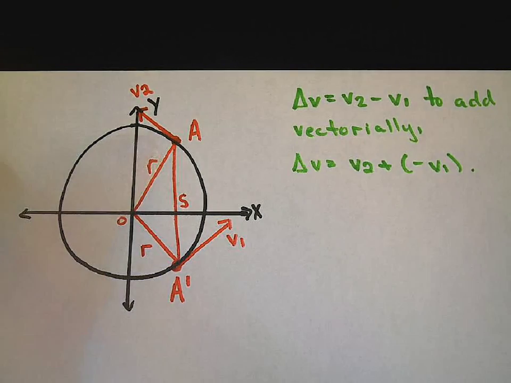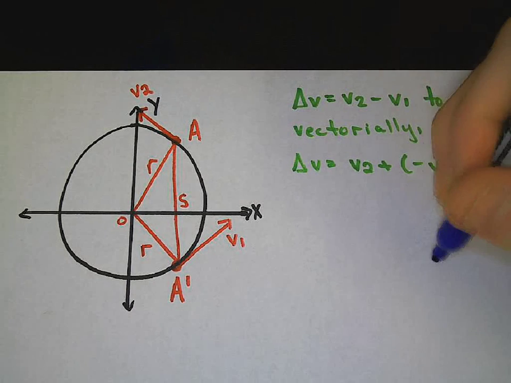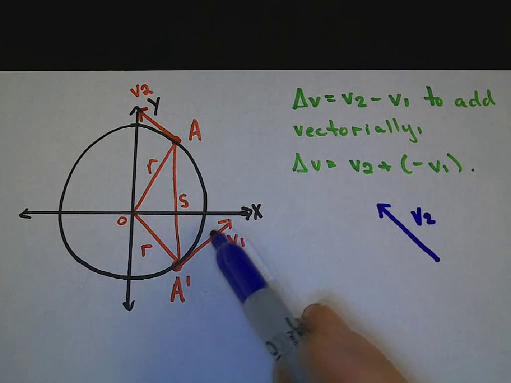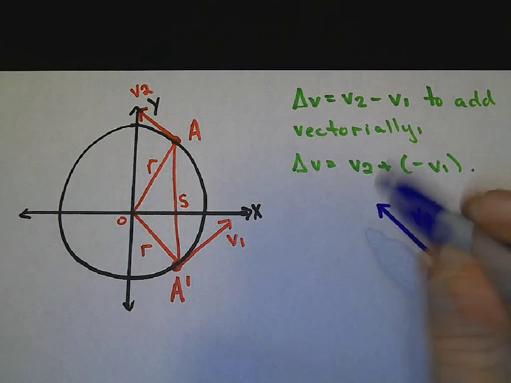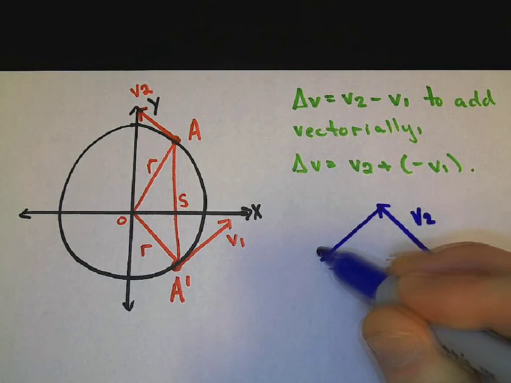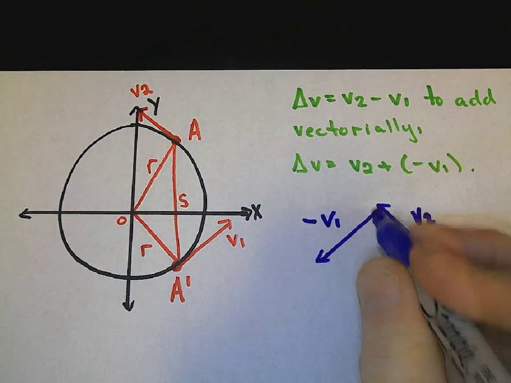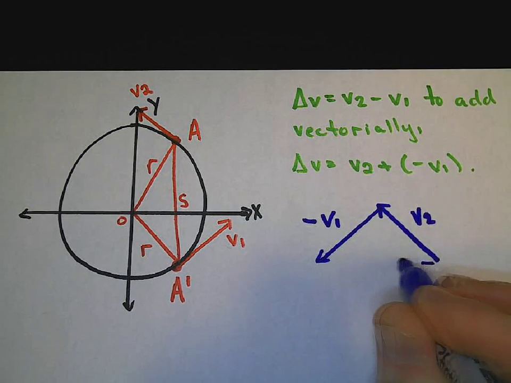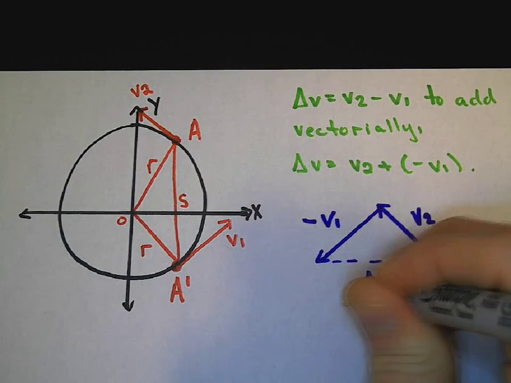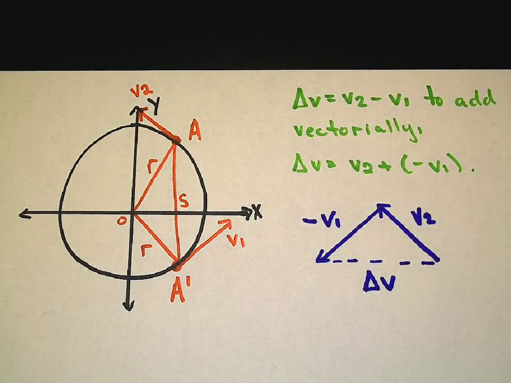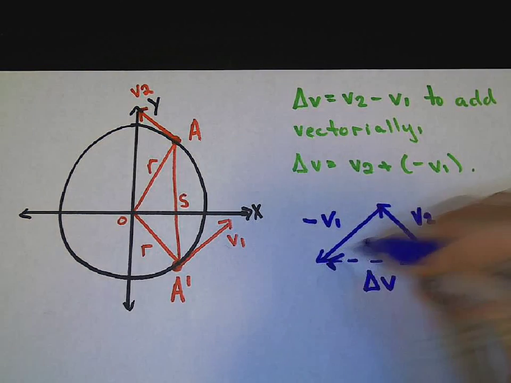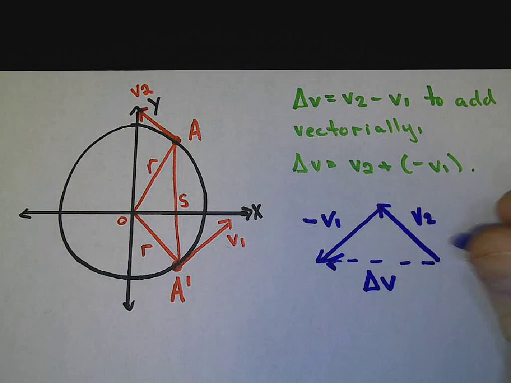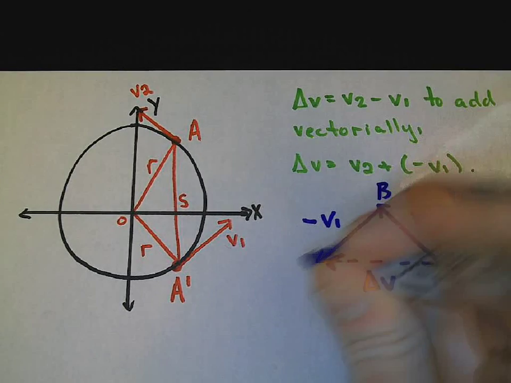If we have v2, draw a very similar representation. There's my v2. Negative v1, so it's acting in the opposite direction as a vector. Tip to tail, we have joined our vectors. That means our change in velocity can now be calculated there. And that's my resulting vector here. Let us call this triangle A, B, C.